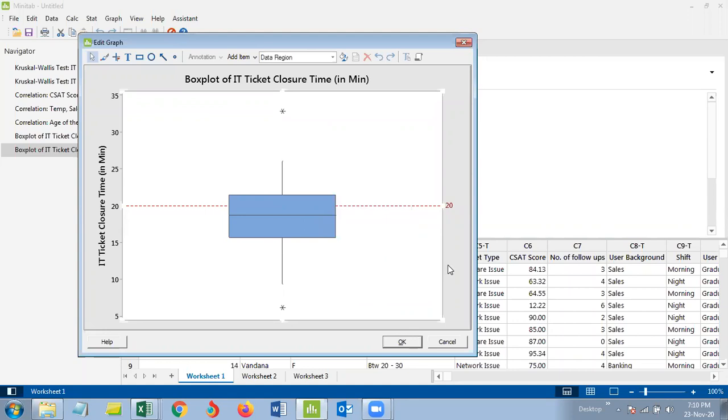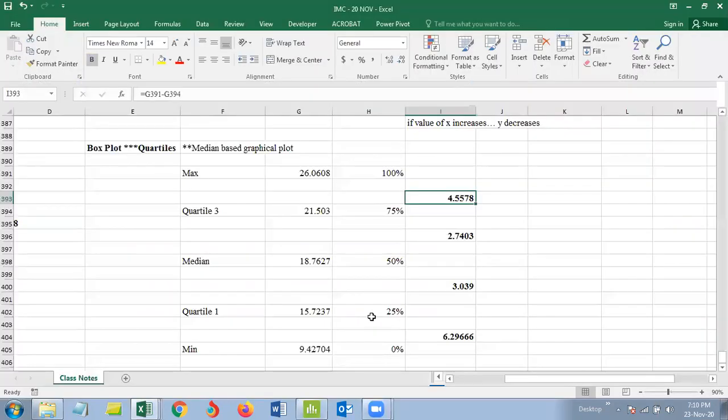Yes, sir. Okay. Now, the last thing which was left out in a box plot are these symbols, outlier symbols. This says your lowest time is 6 minutes in the data, and you have highest time of 33 minutes. Well, that's different because what we saw was that lowest time was 9.4 and maximum time was 26.